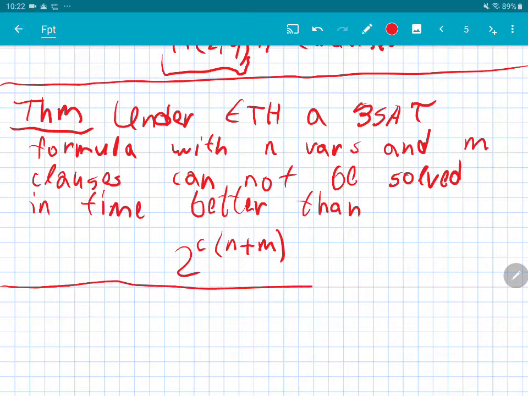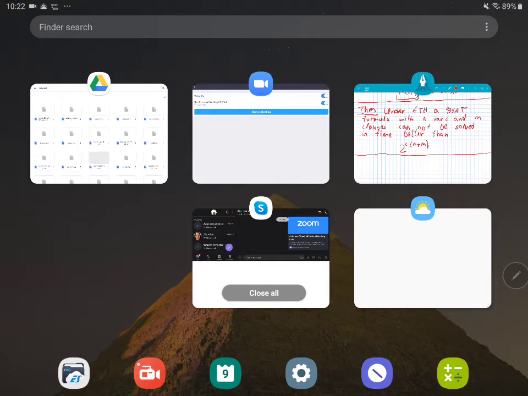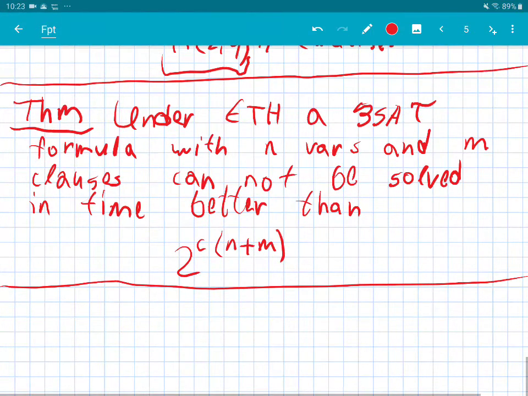The exponential time hypothesis essentially implies that the lower bound holds even when you take the number of clauses into account. Okay. So that's that.